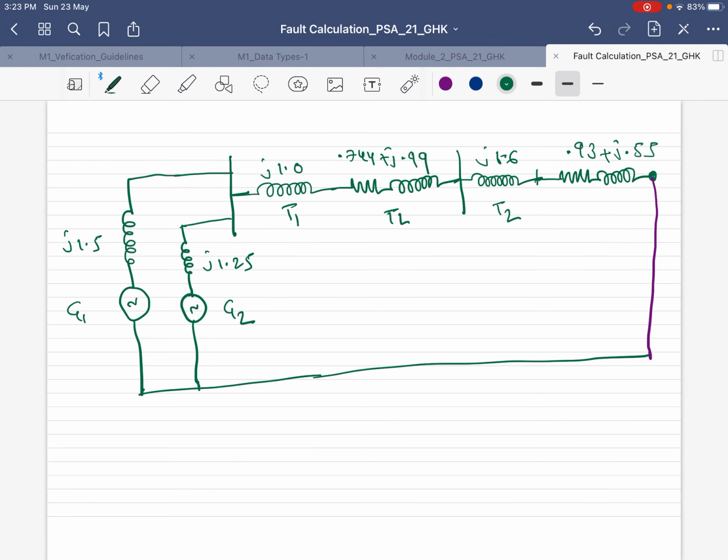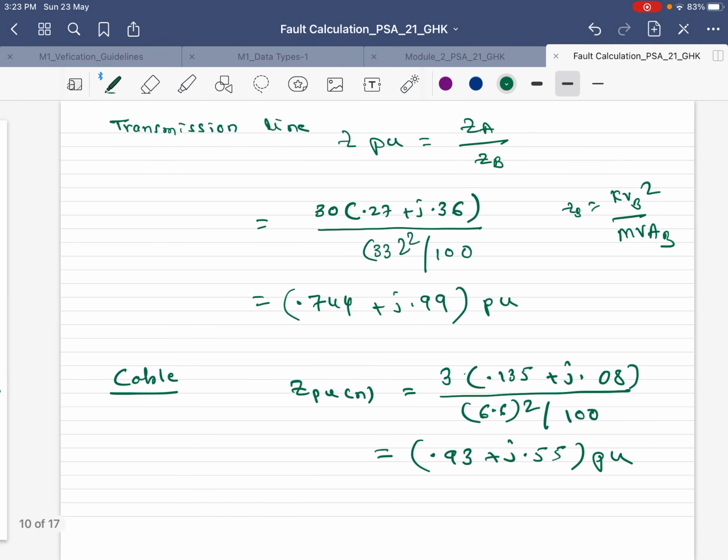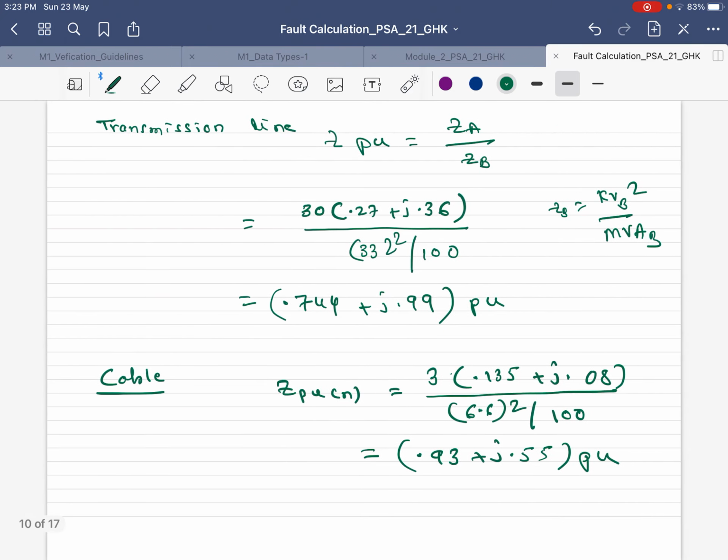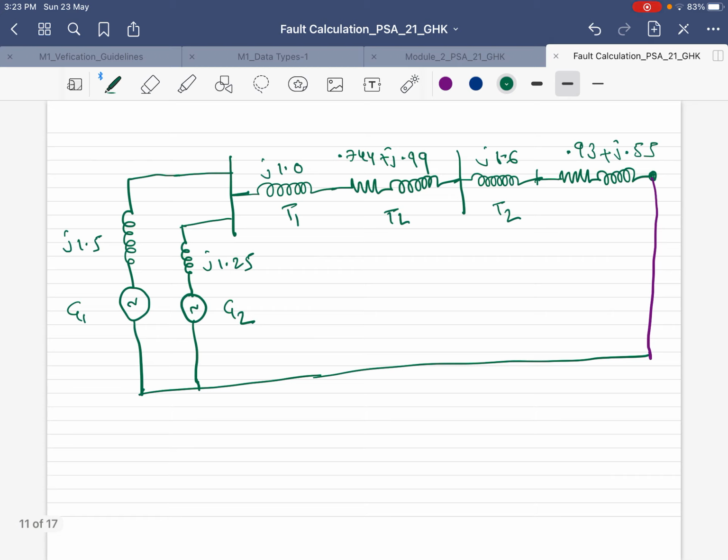Of course, looking at the per unit value of the voltage of the generators, the old value is 11 kV, the new value is also 11 kV for both generators. Therefore, the per unit value is 1 per unit for each.